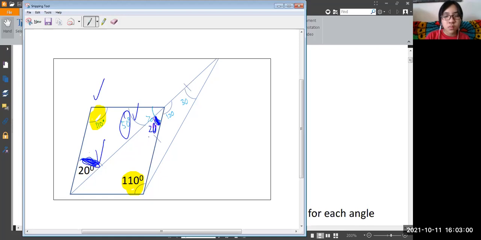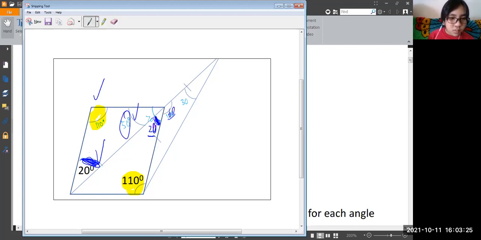Then if this is 20, how can this be 120? Hello, are you paying attention? 180 minus 20. Yes. 160. Yes, this is 160.